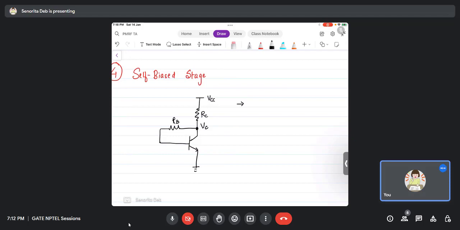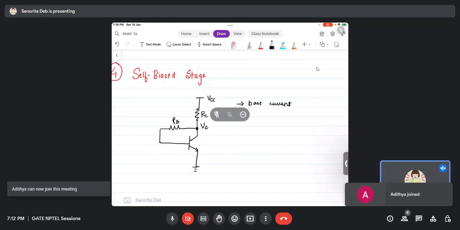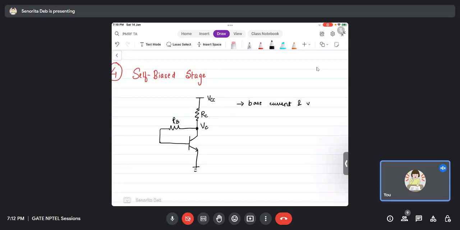So basically, what we are doing is biasing the base. The base current and therefore the voltages are provided by the collector.